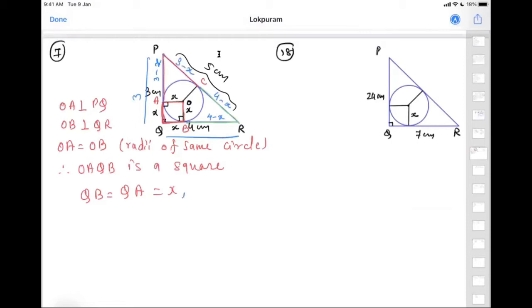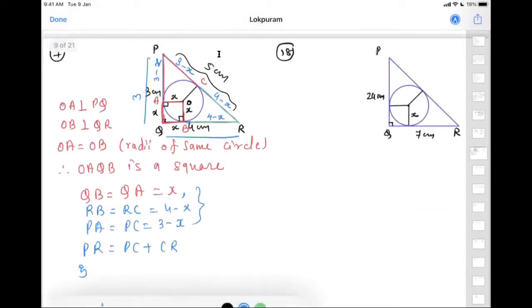So we can write RB is equal to RC, which is equal to 4 minus x. PA is equal to PC, which is equal to 3 minus x. This is the length of tangents from an external point are equal. So we can write PR is equal to PC plus CR. PR is 5 centimeter.